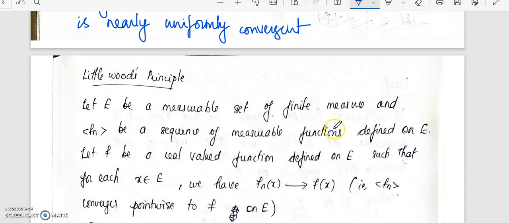So you have a measurable set E, and the measure of E is less than infinity, and the sequence f_n is a sequence of measurable functions defined on E. And f is a real valued function defined on E such that for each x belonging to E, the sequence f_n of x converges to f of x.